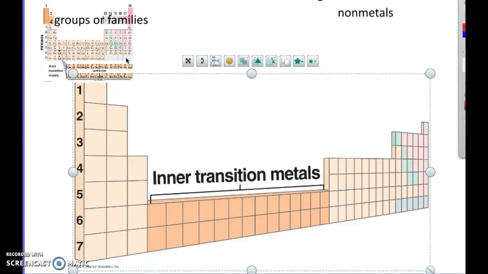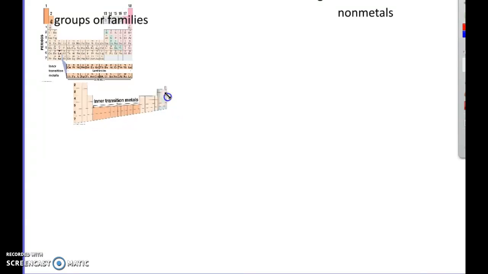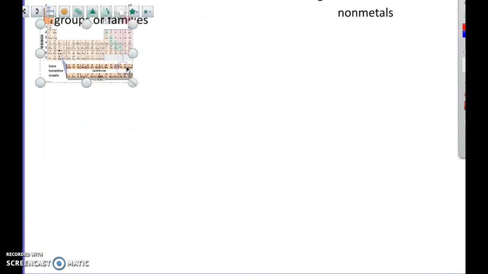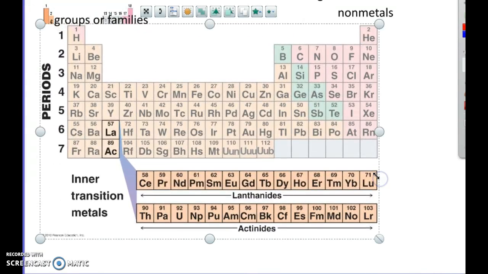So instead we take out these 2 rows and stick them down below, and that's why we get the more familiar periodic table with these 2 rows down here. But just keep in mind, these 2 rows would belong right up here in period 6 and period 7. So there are 7 periods and 18 groups that make up the periodic table as we know it today.